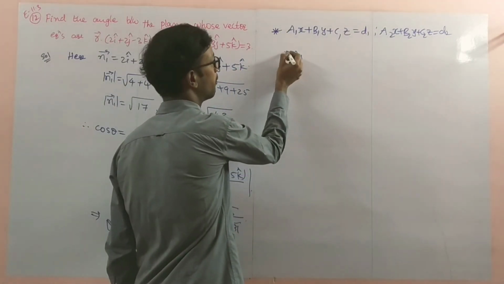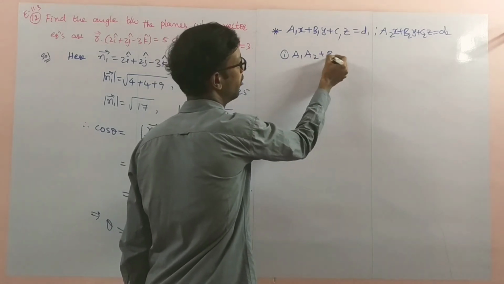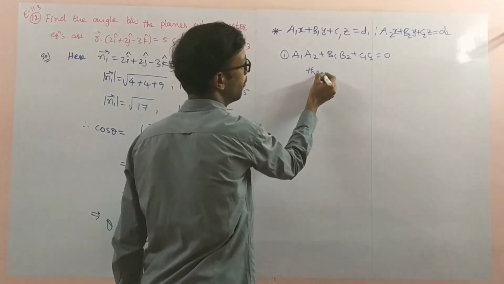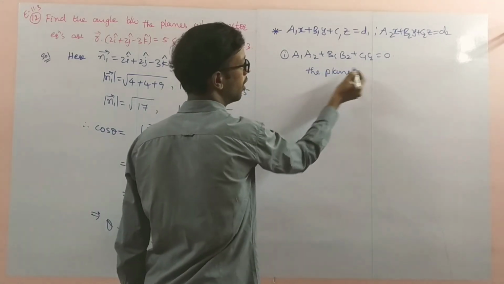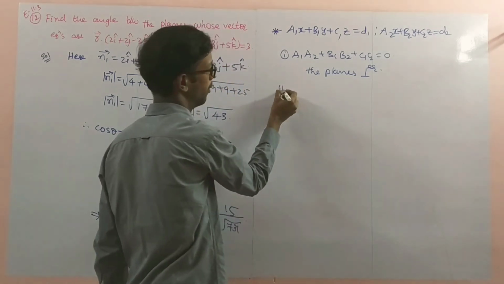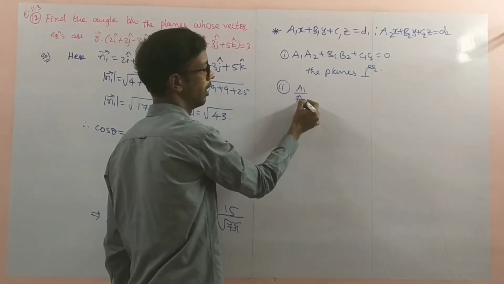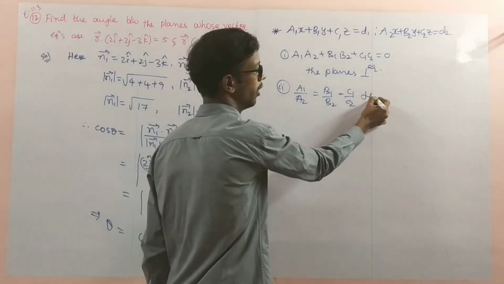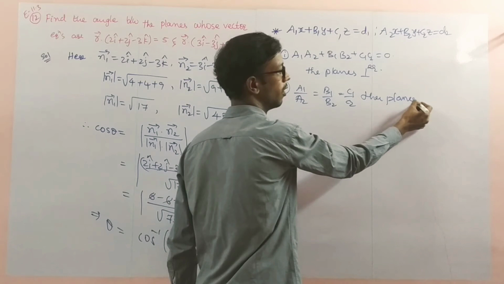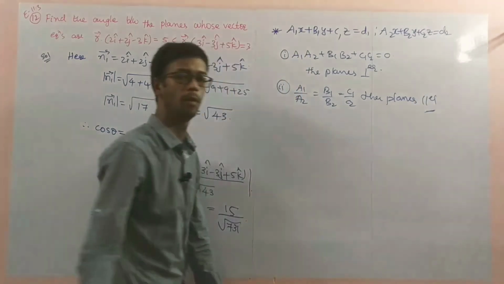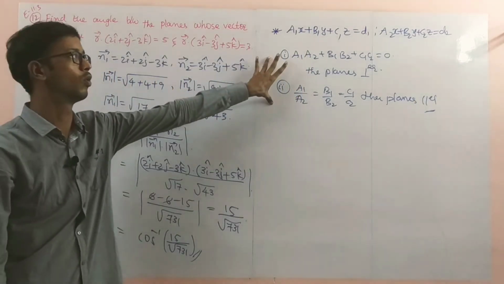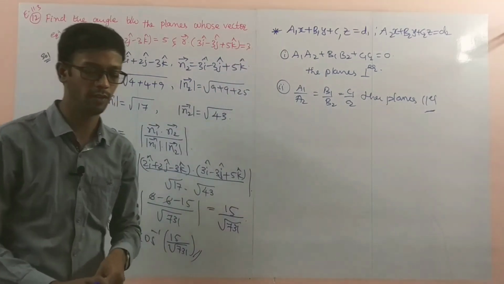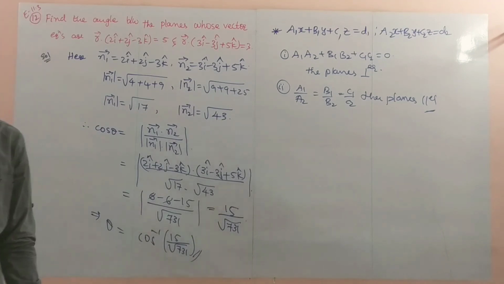If A1 A2 plus B1 B2 plus C1 C2 equal to 0, then planes perpendicular. Number 2 point, A1 by A2 equal to B1 by B2 equal to C1 by C2, then planes parallel. These are the two note points. Already we know these points. Based upon this one problems is there, we will see that next. Pause the video to note it down.